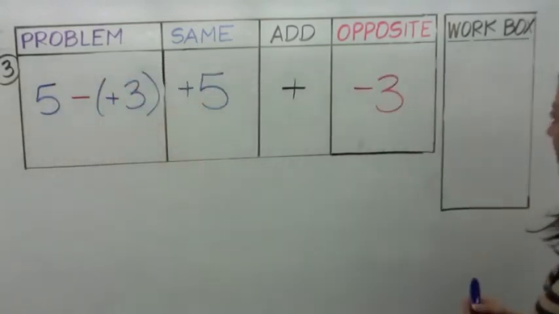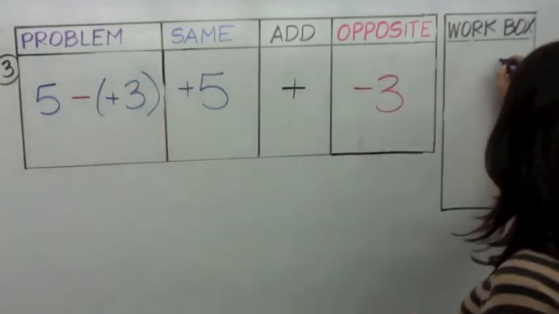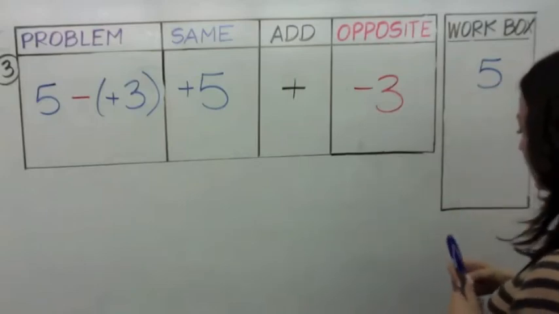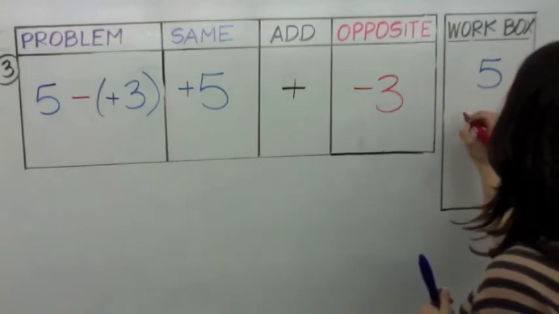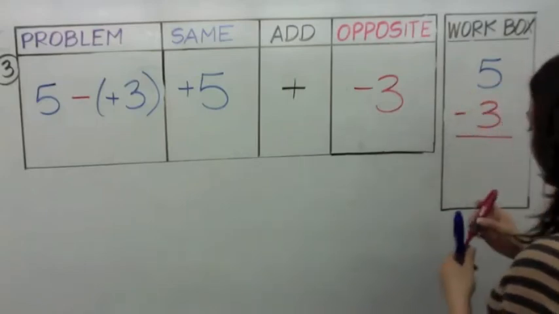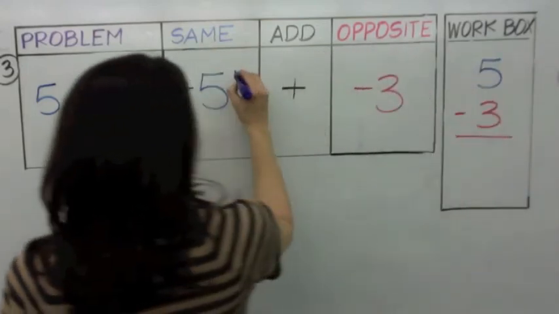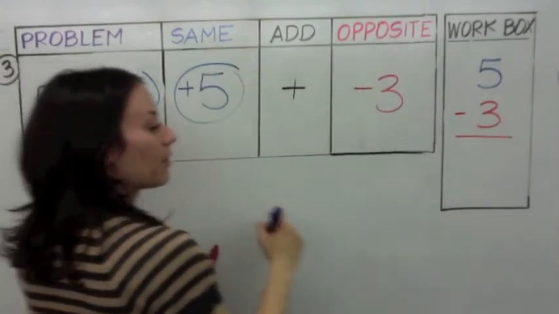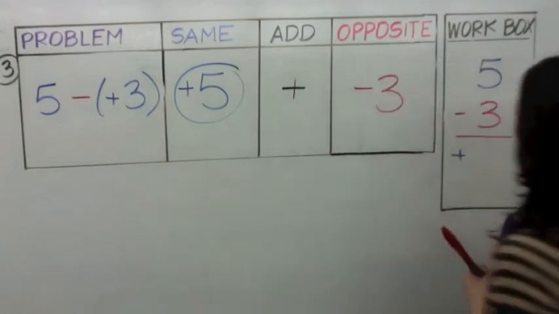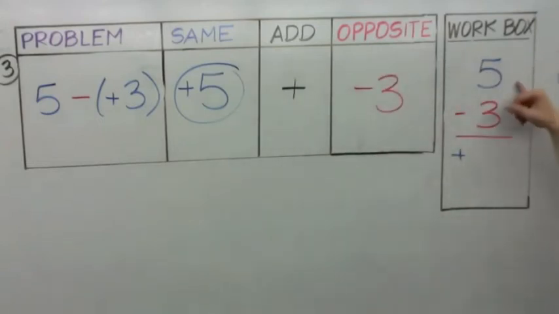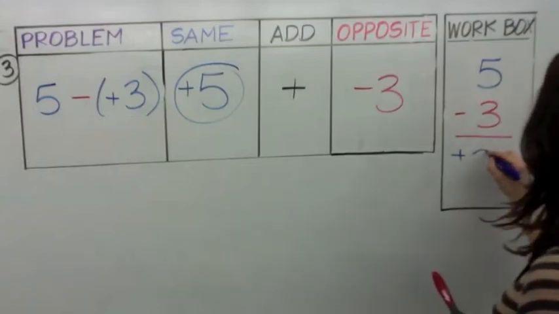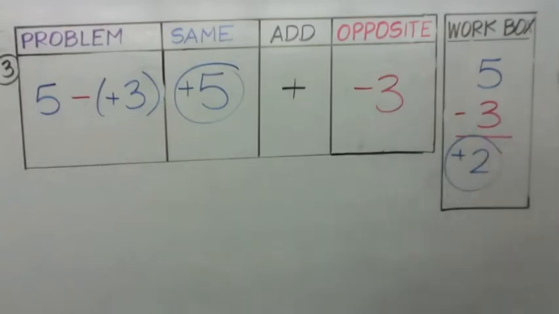We're going to subtract 3, and the answer should be the sign of the higher number, which is positive. We're really talking about 5 minus 3. So 5, count back, 4, 3, 2. So the answer is positive 2. Go ahead and get that down.